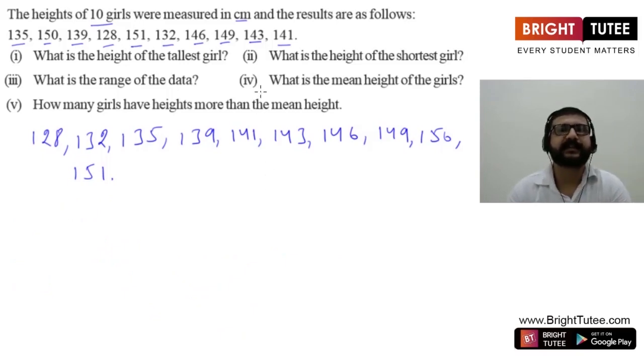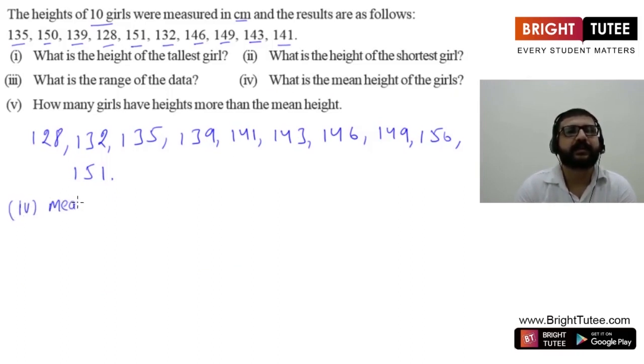Now let's see the fourth part of this question. It is, what is the mean height of the girls? So we have to find the mean of the given data. Now as we know, mean is equal to the sum of observations divided by the number of observations.